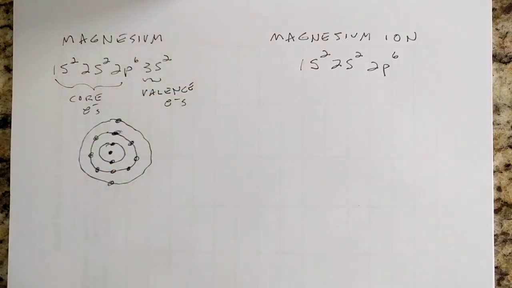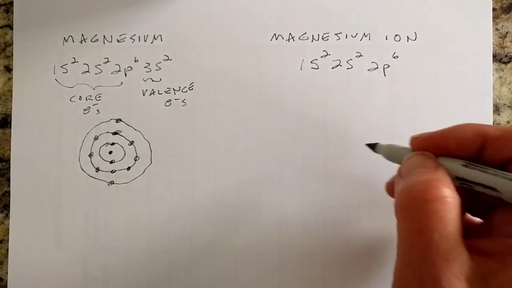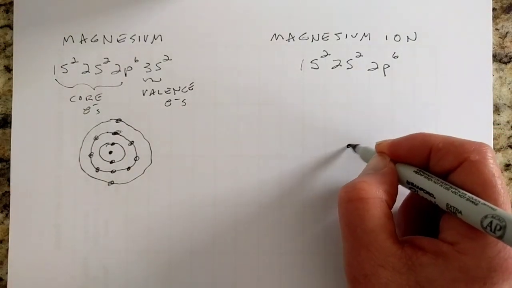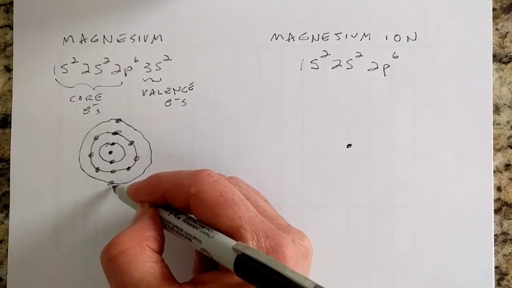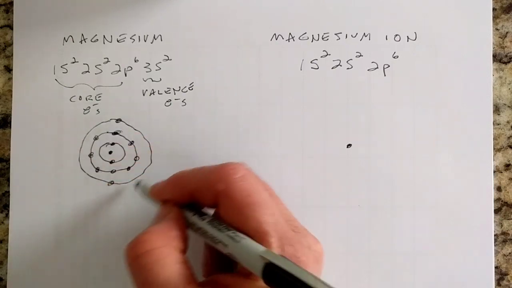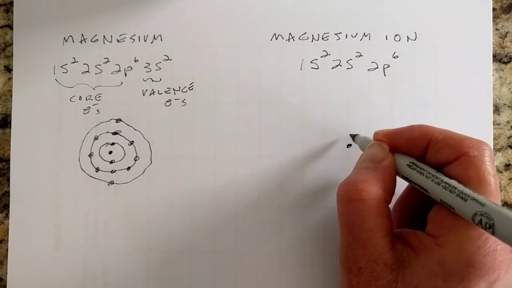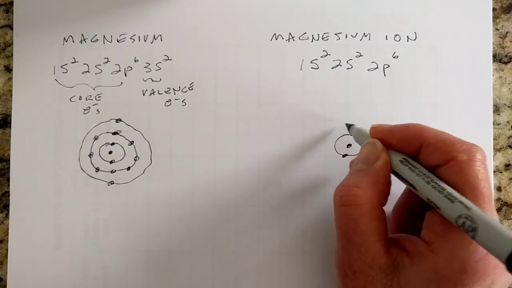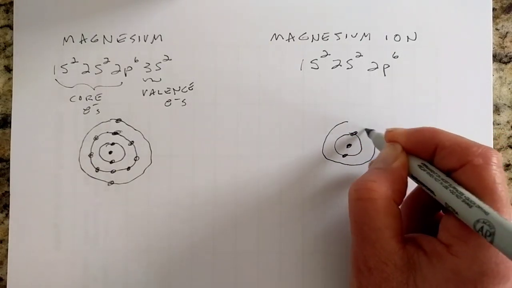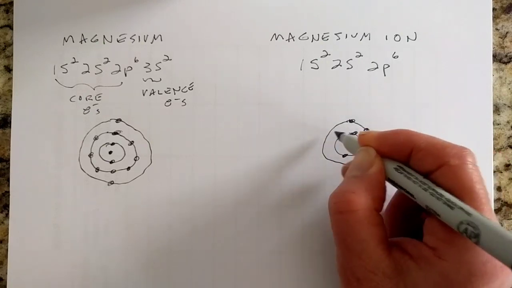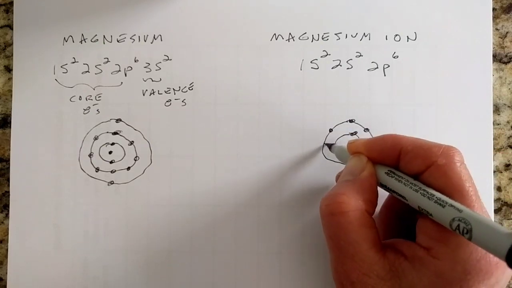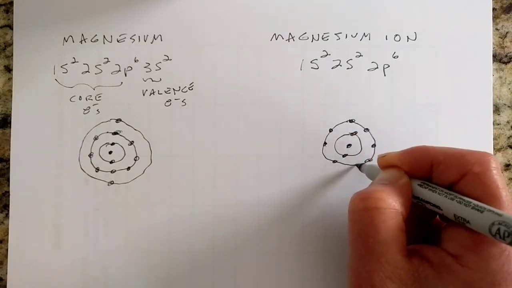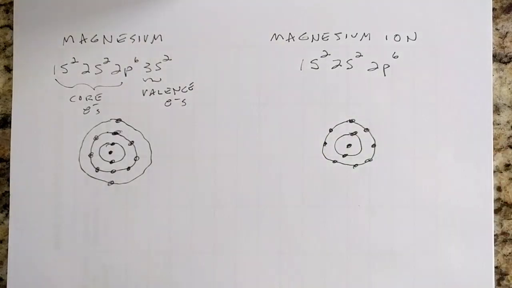These are the valence electrons. The magnesium ion is when magnesium has lost those 2 in the outermost occupied energy level. So the magnesium ion has 2 electrons in the first energy level and 8 electrons in its second energy level, and that's it. It doesn't have a third energy level.